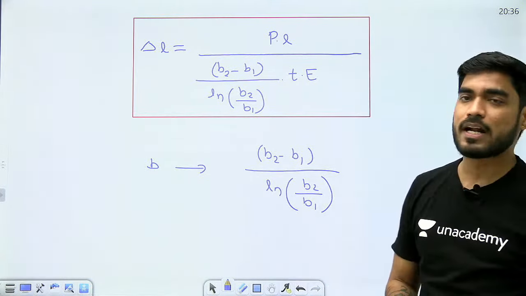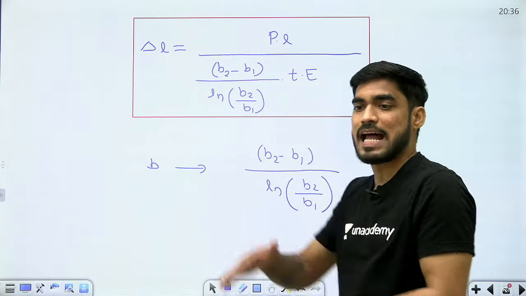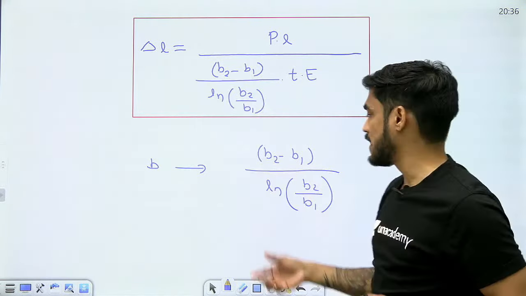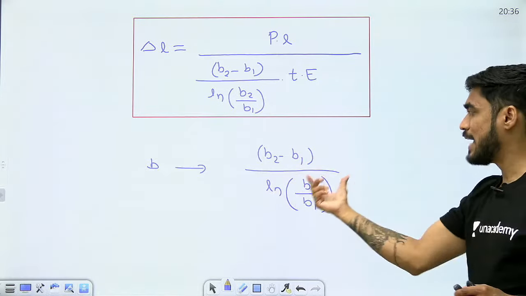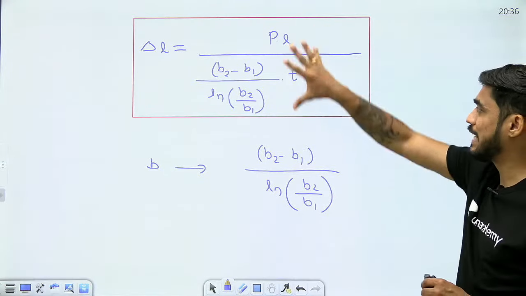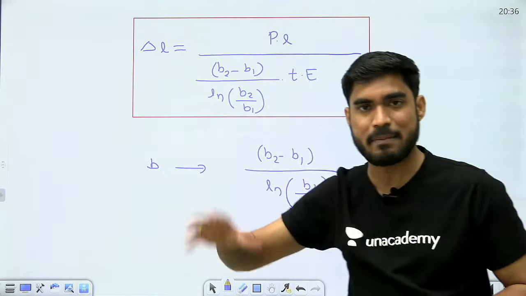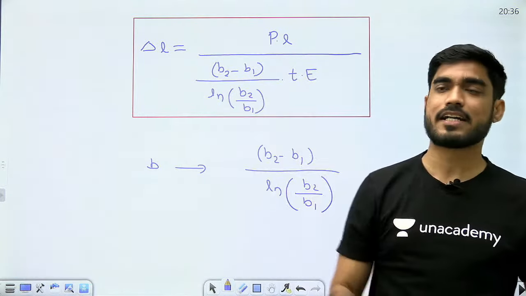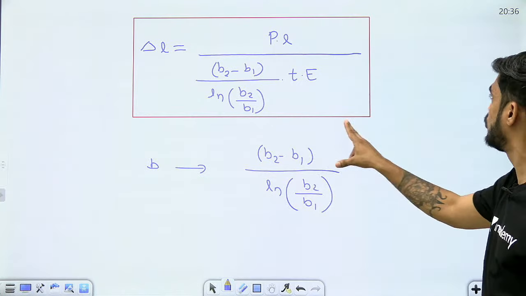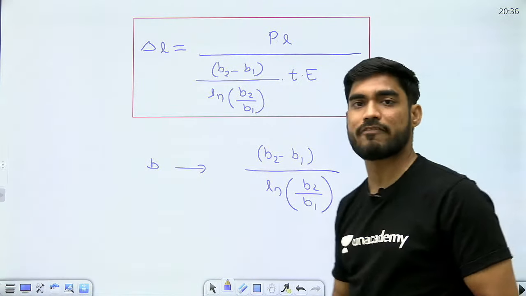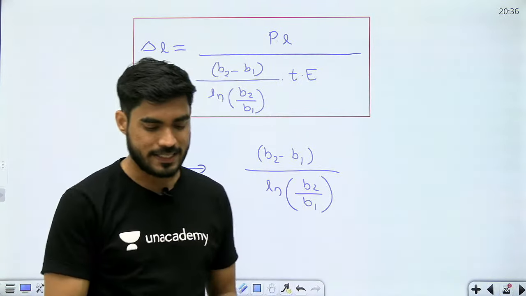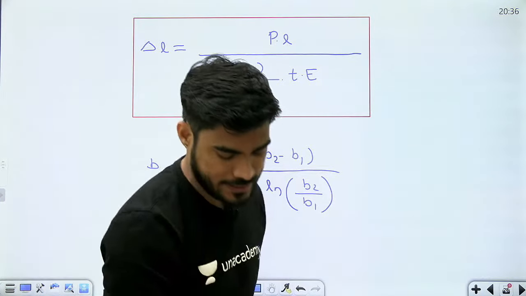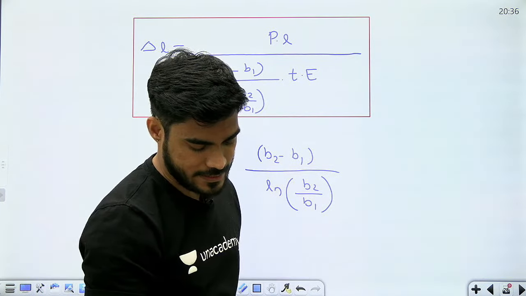In case of a rectangular tapered bar, replace height with (b2 minus b1) by natural log of (b2 by b1). The rest of the formula remains the same, PL by AE. Only in case of d square write d1 d2, and in case of b write (b2 minus b1) by natural log of (b2 by b1). Is this clear to everyone? Yes, yes.